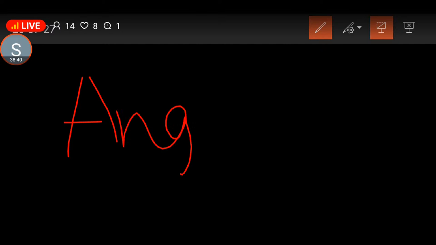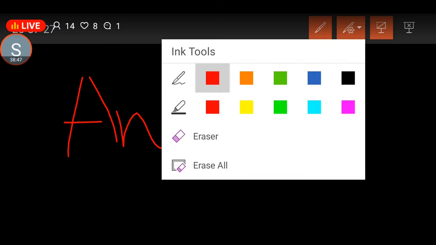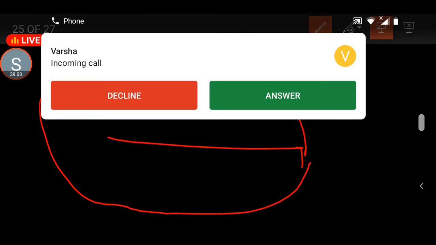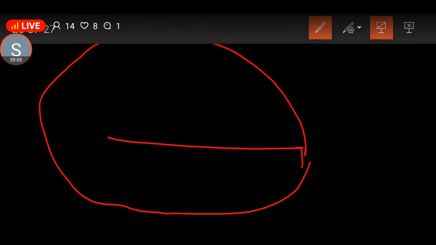Definition of angle: the measure of an angle is the amount of rotation. What does this mean? Take a line like this. If you rotate this in a circle in an anti-clockwise direction, it will go like this, right?